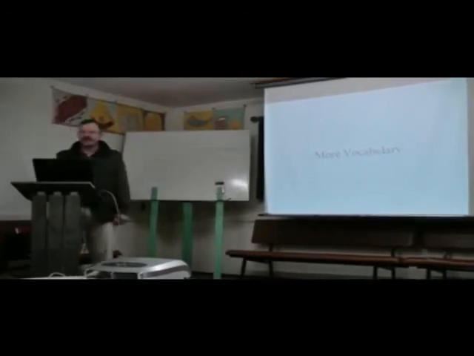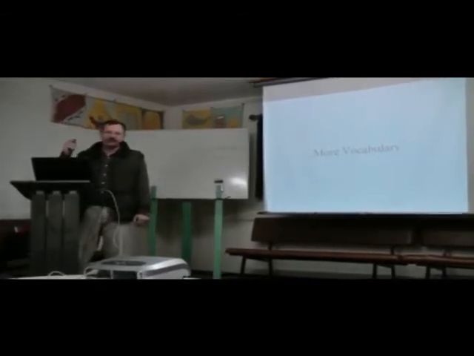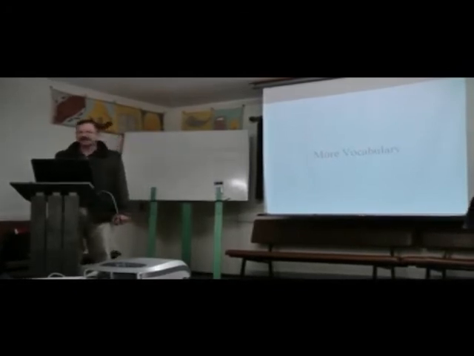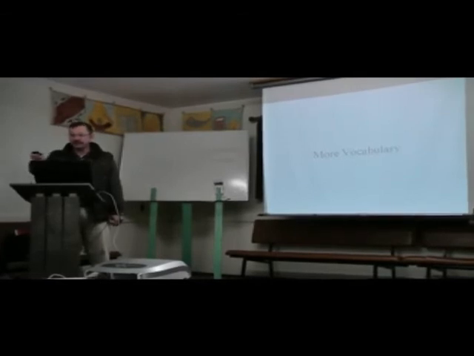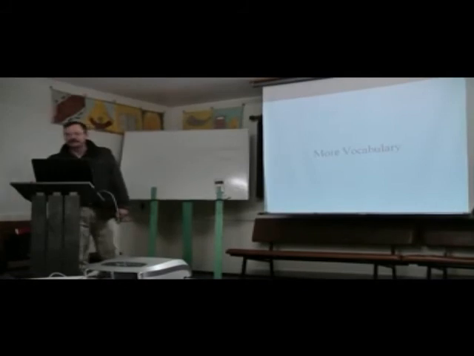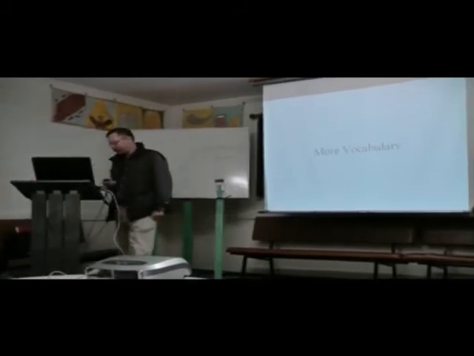Now, what I want to do now is an exercise in which you can participate, but you do not have to strain yourself, because I'll give you the answers. What you have to do is draw a line from the word to its meaning. In your conjunctions handout, you have an exercise, and I've done the first one for you.